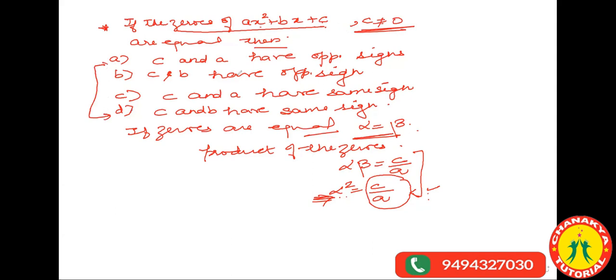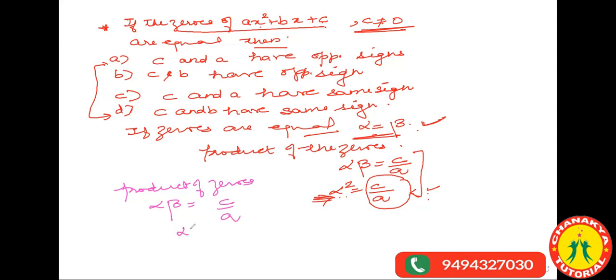So see, children, if zeros are equal, let alpha be equal to beta. Now, when you are calculating the product of the zeros, the product will be alpha into beta, and this is equal to C by A from the formula. Right?